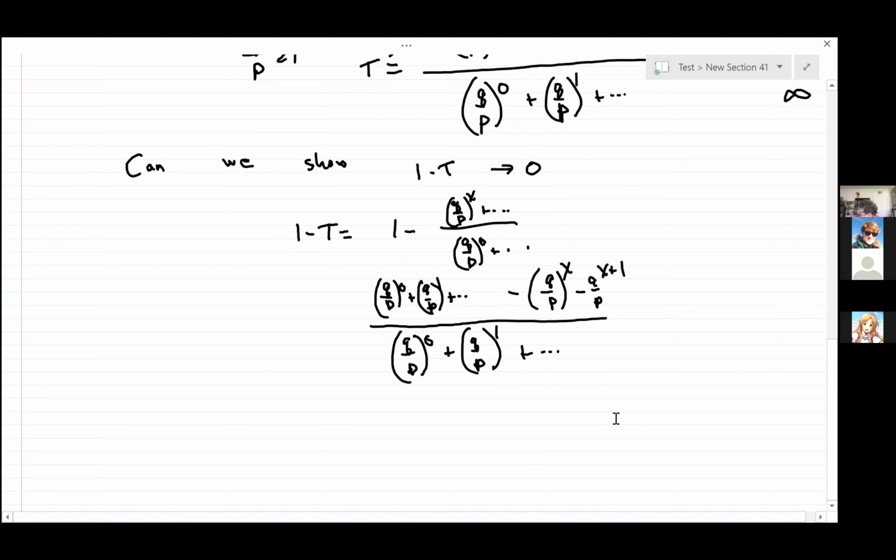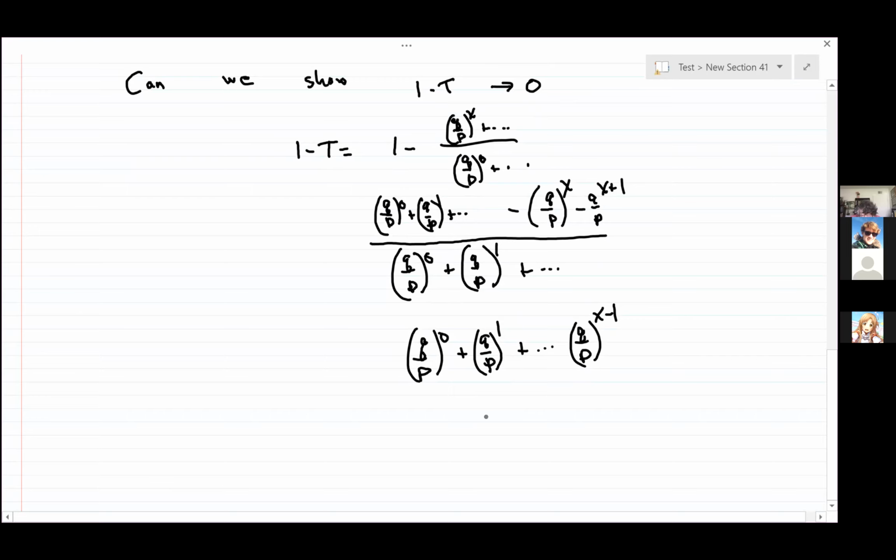You'll get the finite series on top, right? Because these terms all cancel the later terms here. So what you would get would be something that looks like Q over P to the 0 up top, Q over P to the first, up until what? Q over P to the X minus first. And then all the other terms will cancel because you're taking the difference. So you would have this over this.